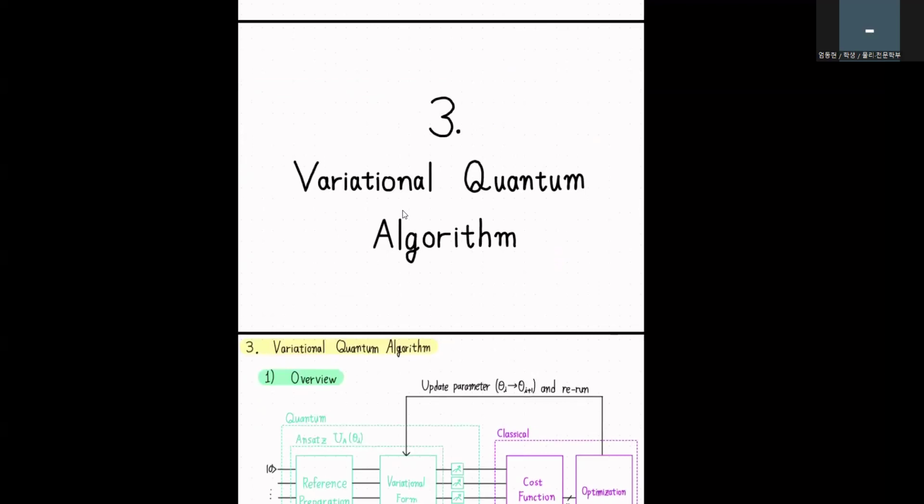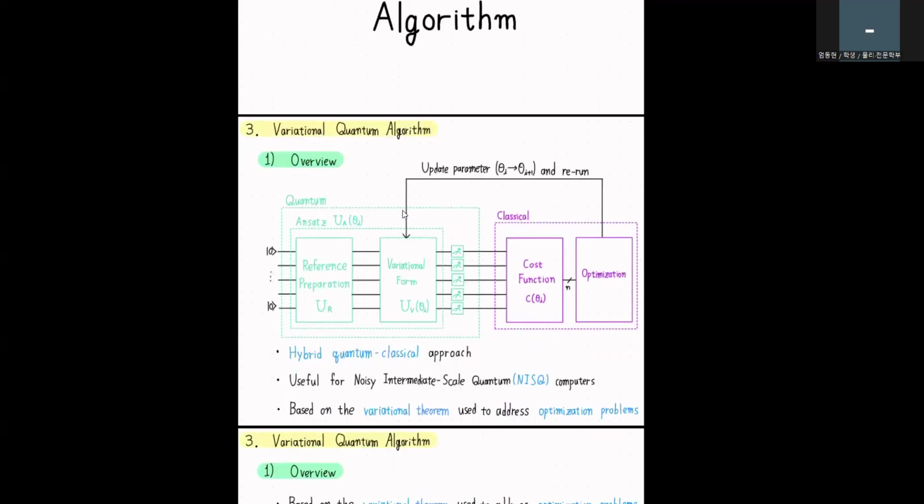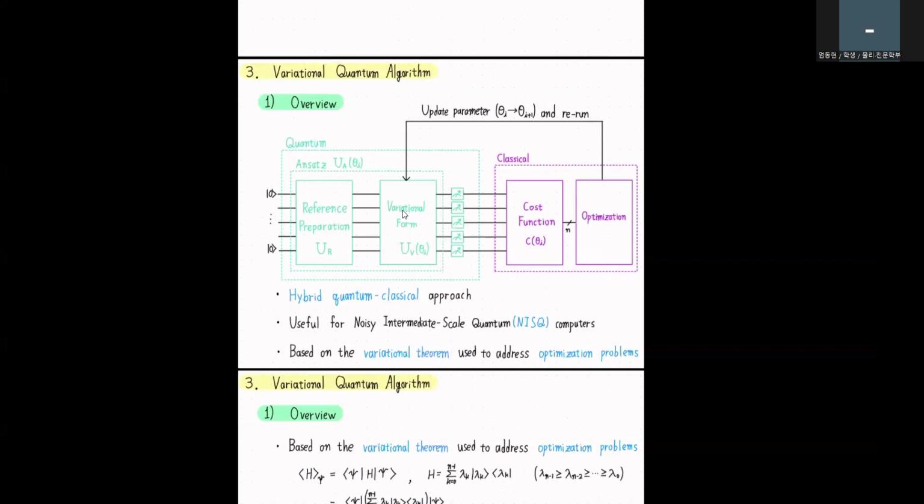So let's move on to variational quantum algorithms. Now, a variational quantum algorithm is what's called a hybrid quantum classical algorithm, in which we combine classical methods of machine learning and optimization with our quantum to optimize our quantum circuit parameters in order to converge to the correct answer of the problem we're solving.